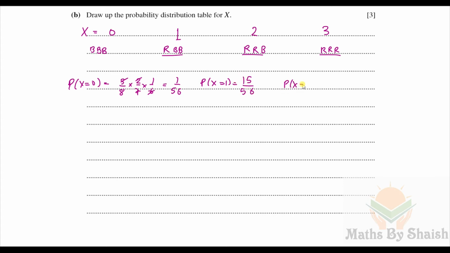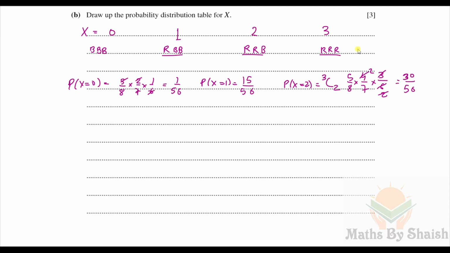And for probability of X equal to 2, it is going to be 3C2, because of the combination of these, 3C2 with first red is 5 over 8, second red means 4 over 7, and third one is blue, there are 3 blue, so 3 over 6. So it becomes 5, and we can cancel this 2 and then 2, it becomes 10 over 56, and 3C2 is 3, so 3 into 10, 30 over 56.